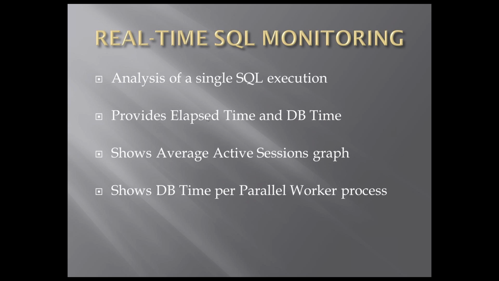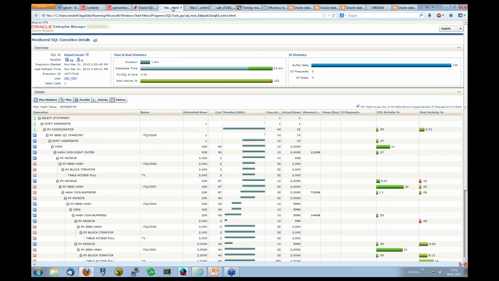Let's have a quick look at such a real-time SQL monitoring report for parallel execution. You can see here that this parallel execution was using a so-called parallel degree of 32. In Oracle parallel execution, this means that you might actually end up with more than 32 workers. For the majority of non-trivial execution plans, Oracle uses a so-called producer-consumer model, which means that you end up with two sets of parallel execution workers.